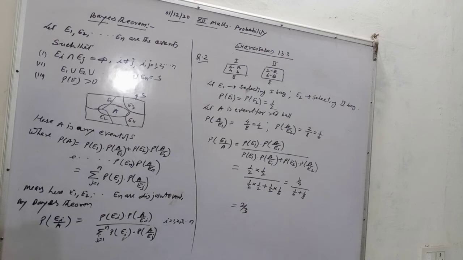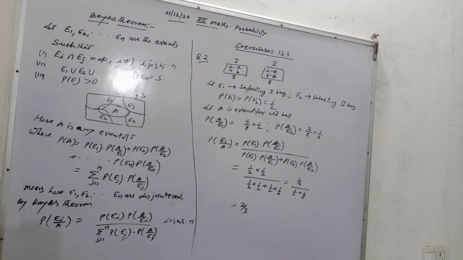So P(E1) is equal to P(E2), which is 1 by 2. When you select the first bag it is event E1, and when you select the second bag it is event E2. So you can select either the first bag or the second bag, and the probability of selecting each bag is the same, 1 by 2, or 50-50%.